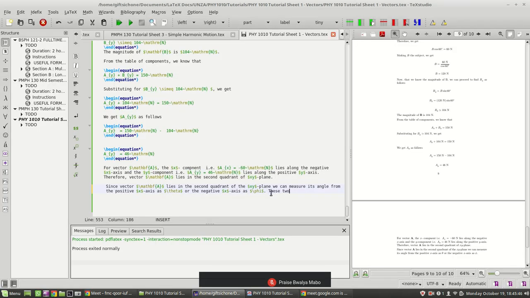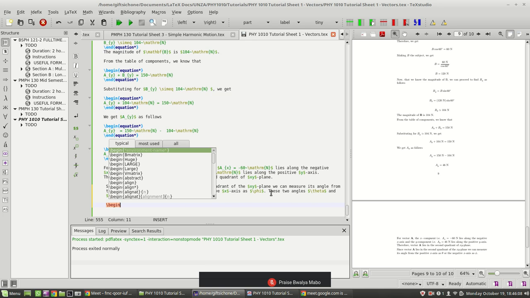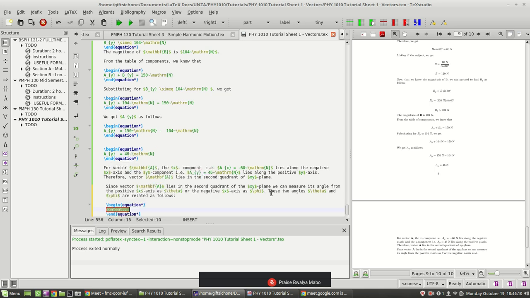These two angles, theta and phi, are related as follows. Is what I'm saying clear on the directions? Yes. Okay.